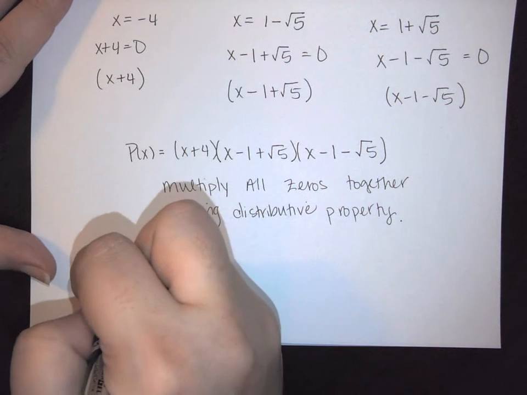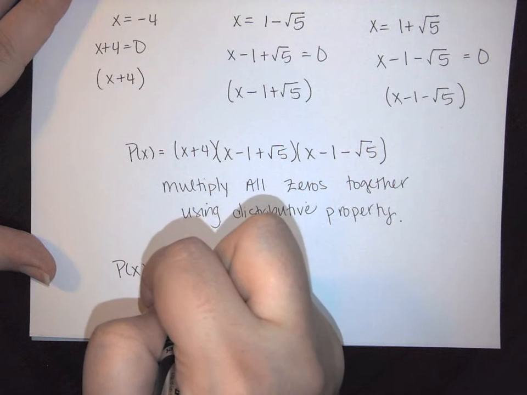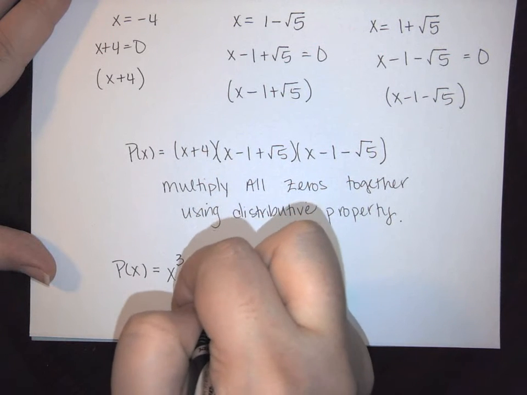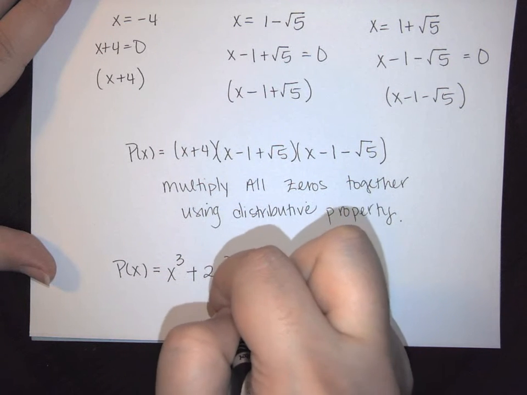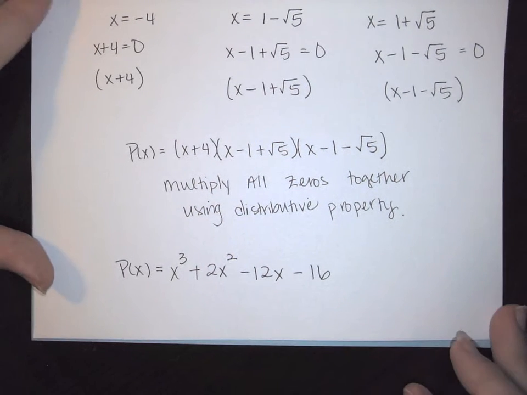And when you do that, you're going to come out with p of x being x cubed plus 2x squared minus 12x minus 16.